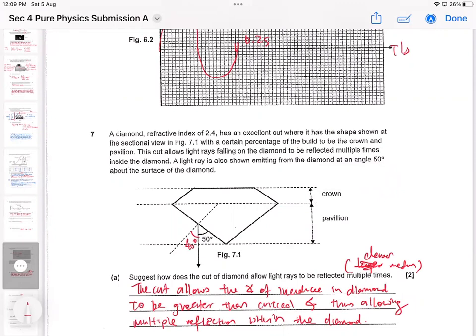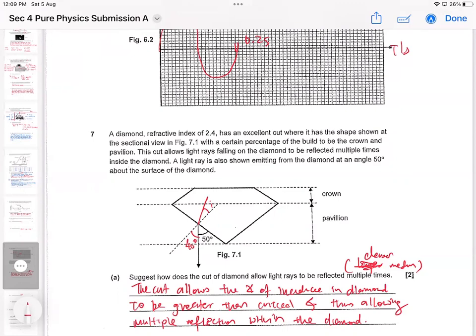So the light will go off with an angle of refraction of 40. So this is the I that you want. This is the angle of incidence, and then the refracted ray that comes off is coming out at 40.